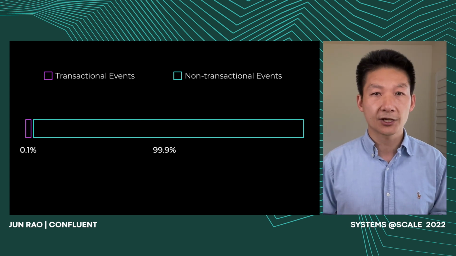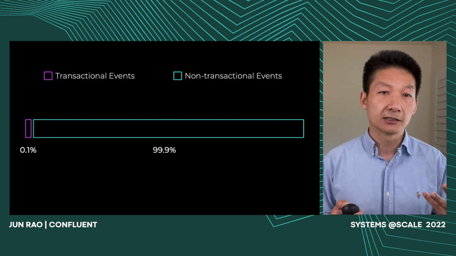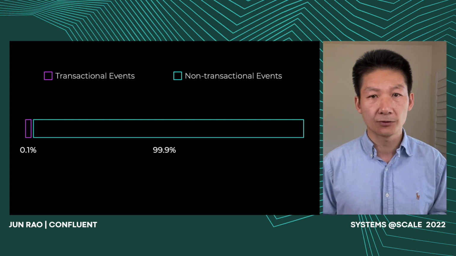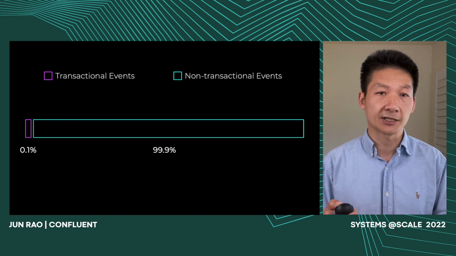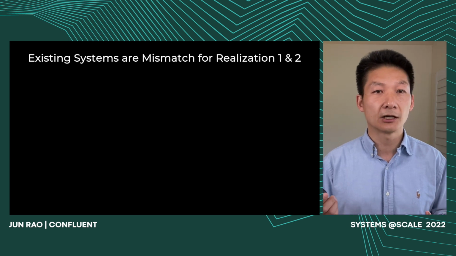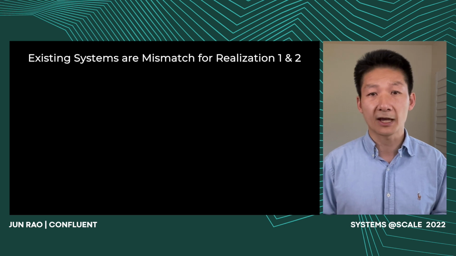With these two realizations, when LinkedIn looked at its infrastructure platforms to see what we could use to build for these two realizations, it realized, surprisingly, that there was actually no good infrastructure for both. Now, why is that?